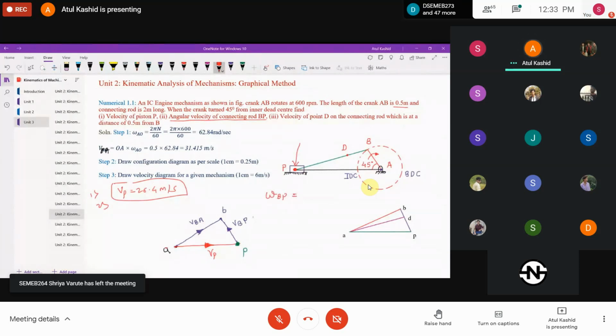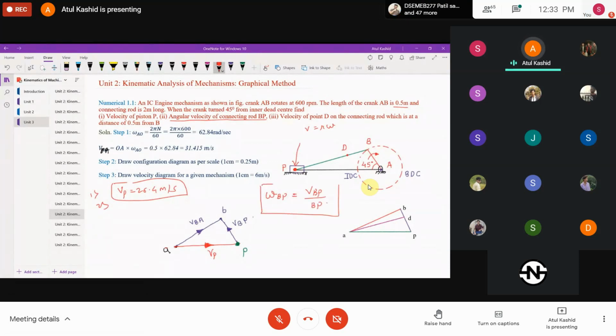Omega BP will be equal to, because we know V equals R omega, omega will be V BP upon BP, right? We use this formula to calculate the angular velocity of link BP. So to calculate omega BP, we should know VBP.